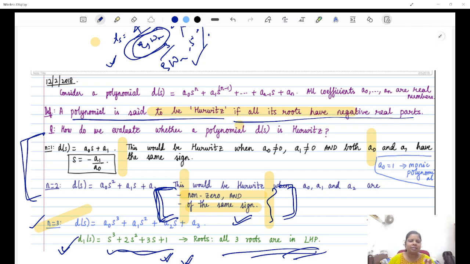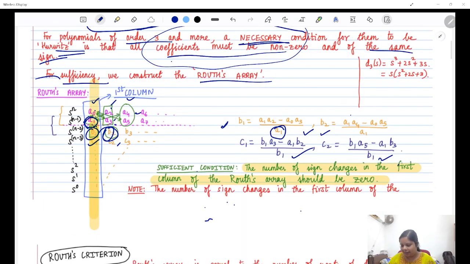Then there we constructed Routh's array to prove that the polynomial is Hurwitz. So there is no such thing called Routh polynomial. There is just Routh's array.